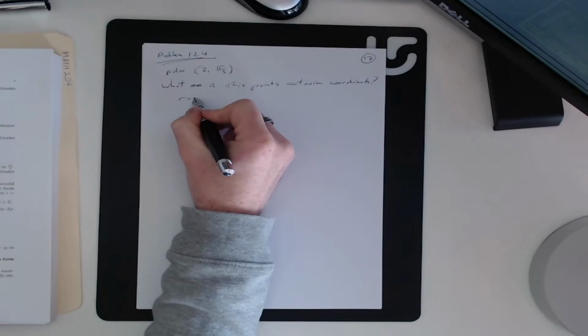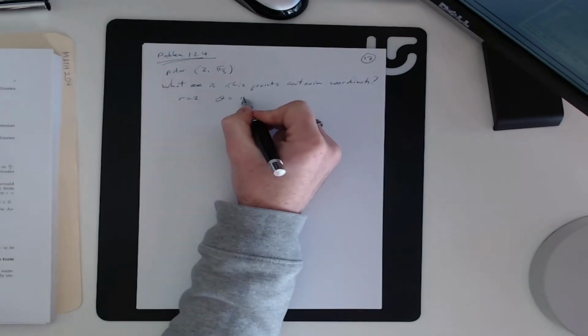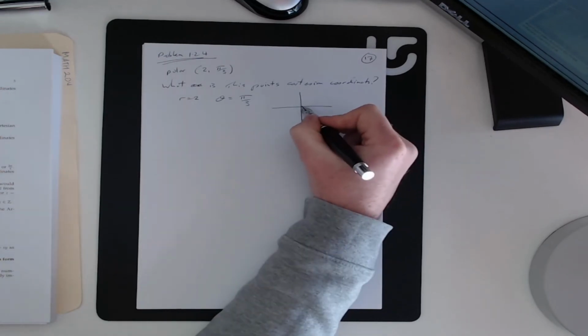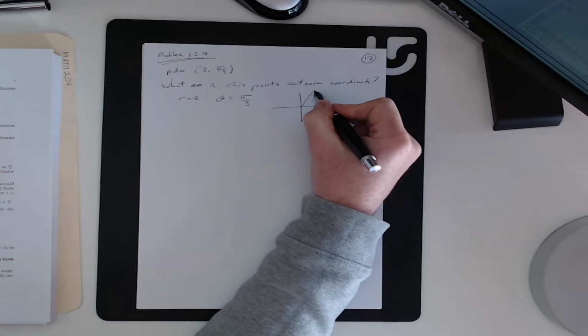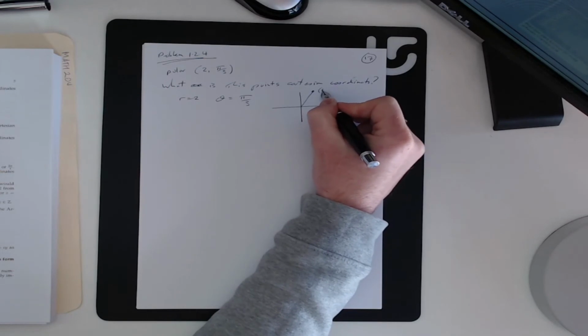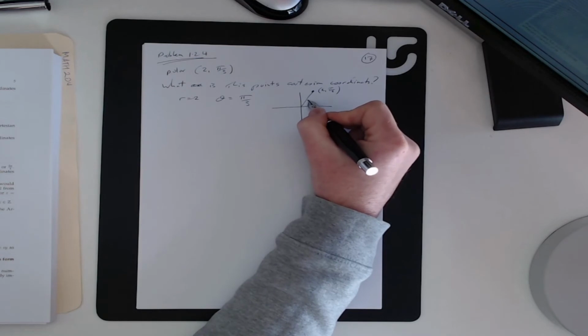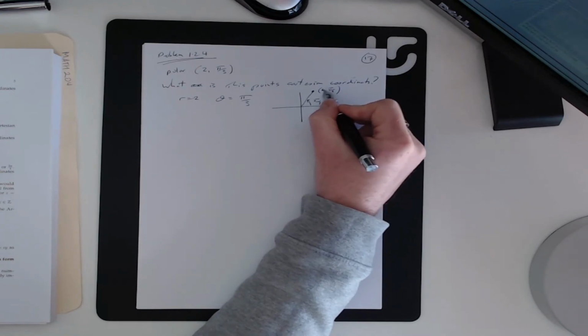Okay, r equals 2, theta equals pi over 3. We know that pi over 2 is here, pi over 3 is less, so it's going to be something like this. Pi over 3, 2.